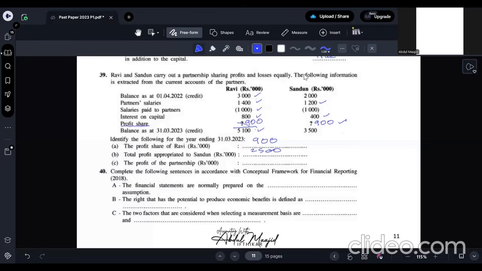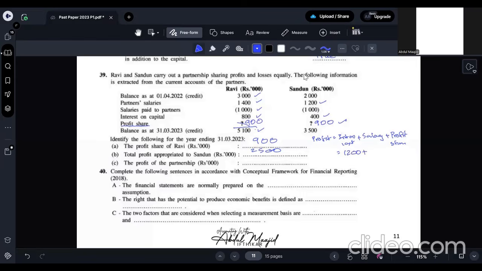Then the profit of the partnership. So profit equals interest on capital plus salary plus profit share. Interest on capital for both the partners are 800 plus 400, that is 1,200.